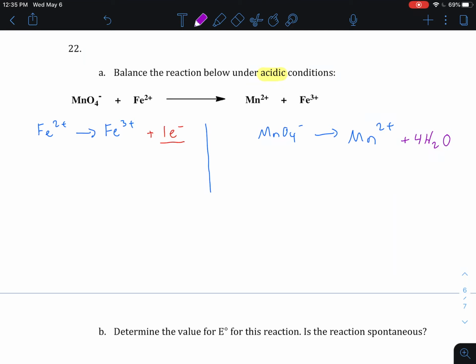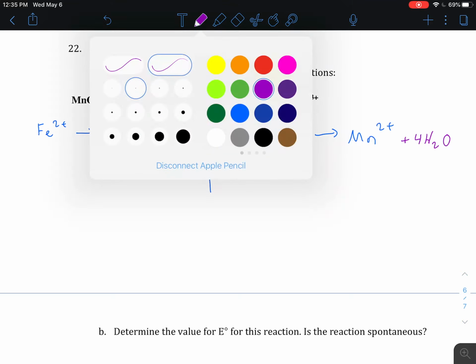All right, now for the other side, the right side needs 4 additional waters immediately to make the oxygens balance out, and that unbalances the hydrogen, so I need 8 hydrogens on the left.